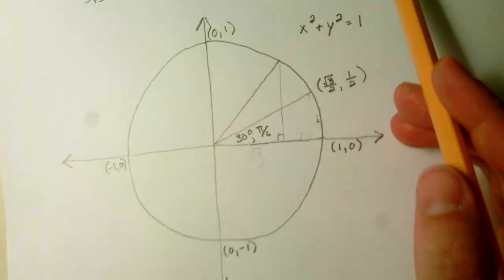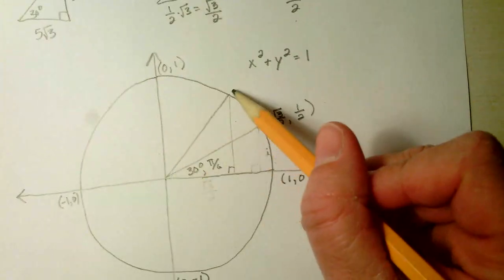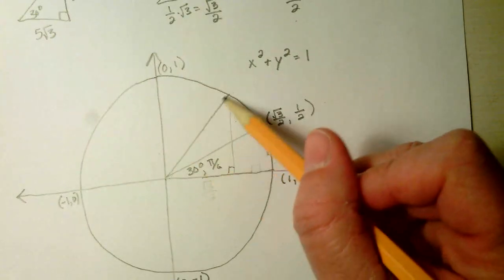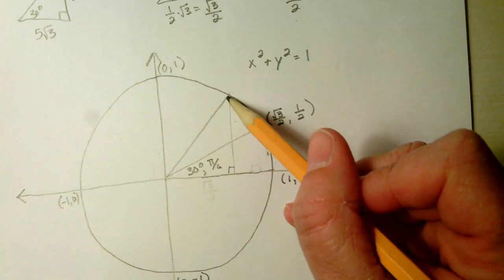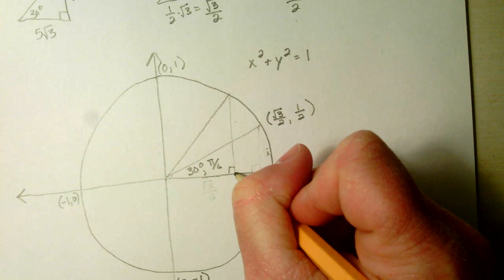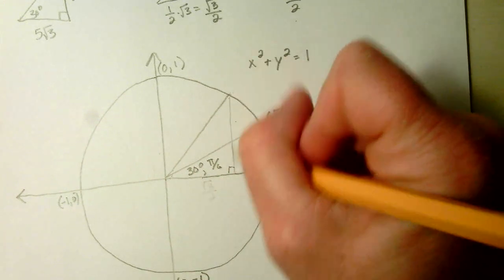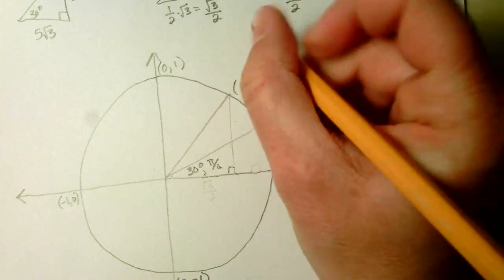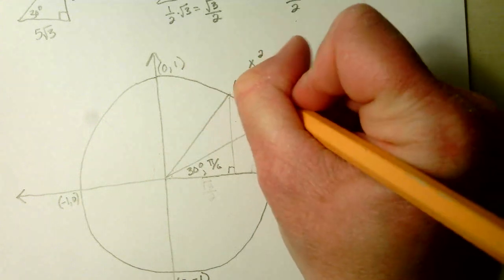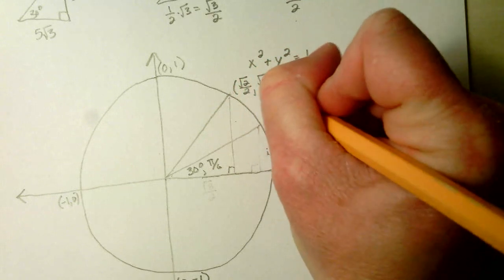So let's draw in my 45 triangle. Again, using the triangle that we found above, my hypotenuse is 1, which makes sense because the radius of my circle is 1. This side, from here to here, is square root of 2 over 2, and also our y distance is square root of 2 over 2. So that's going to correspond to the point square root of 2 over 2, square root of 2 over 2.